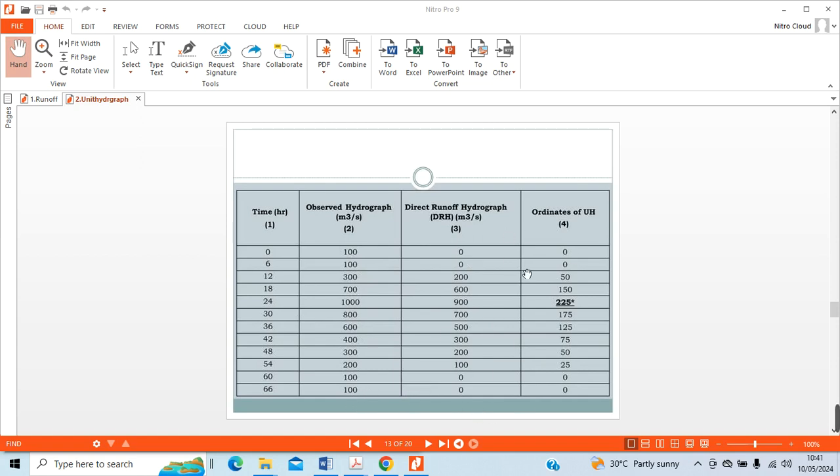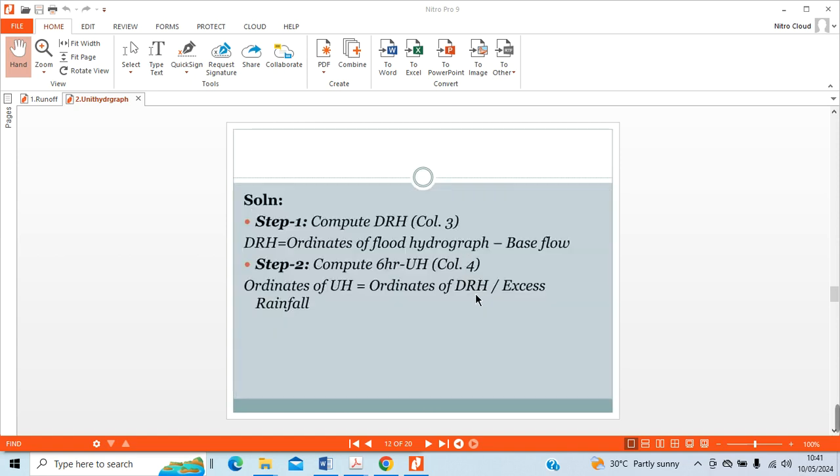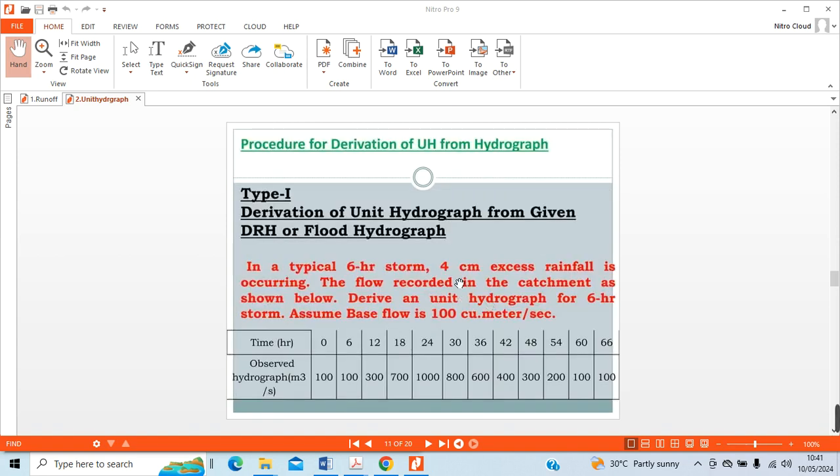Previously I told something, it was the wrong thing. This one is correct. So you have to deduct the base flow value, then you have to divide it by the excess rainfall. Excess how much? This is 4 centimeter.